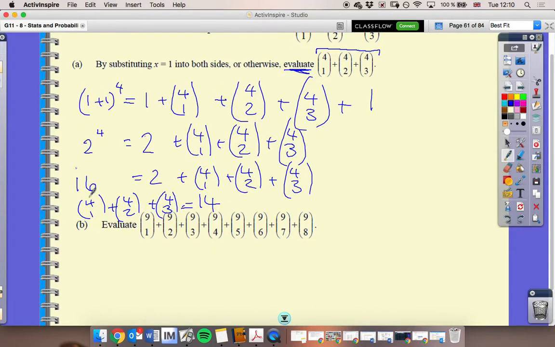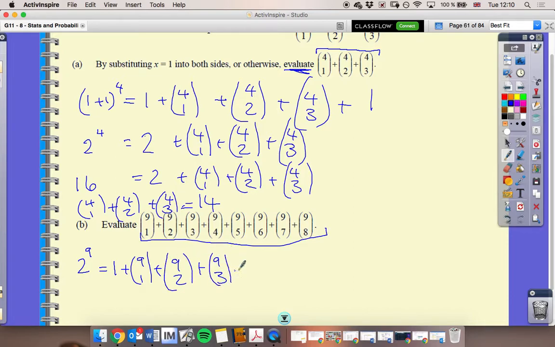So we can use this idea again. We know we're going to have 2 to the power of 9 on one side. We know we're going to have the 1 at the beginning like we had with the 4s. Then we're going to have all of this, 9 choose 3. Oh, this is a lot of writing.